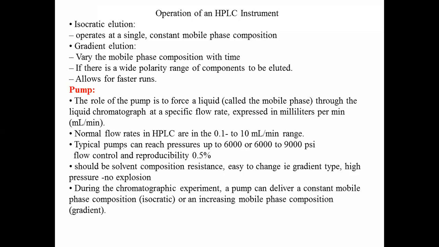Isocratic means a single solvent system, a constant mobile phase or single composition, whereas in gradient, many types of solvents along with their different compositions are used depending upon the nature of the solutes, again the polarity, non-polarity, etc.